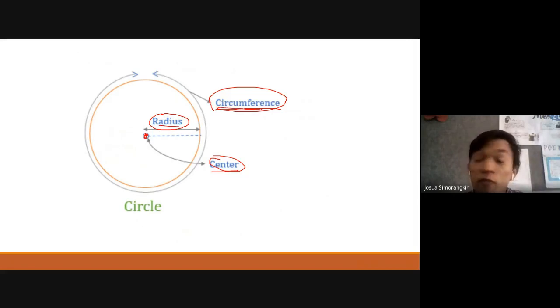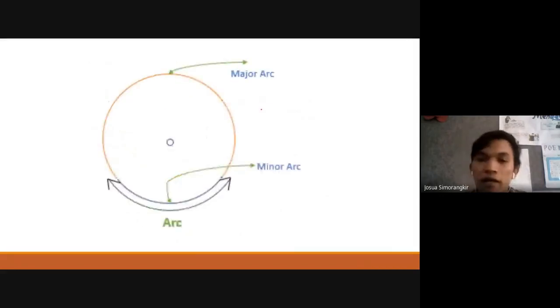Okay, and next, we will study the arc. An arc is a part of the perimeter. Sorry, I mean the circumference, as we studied before.